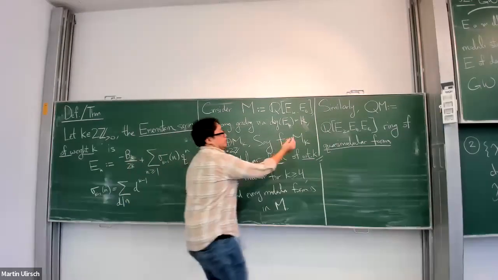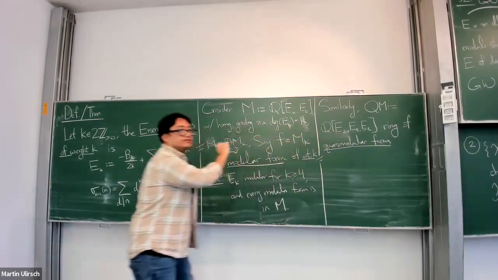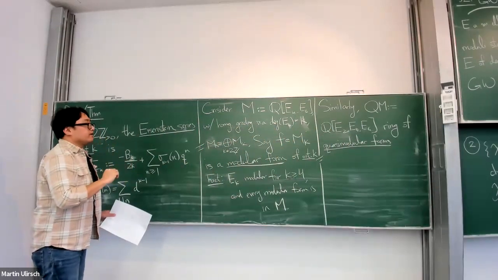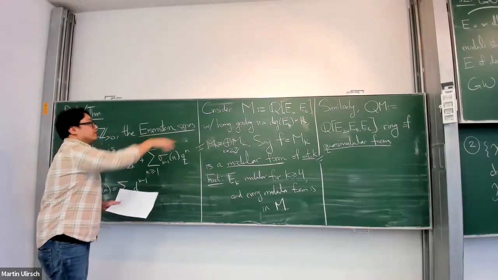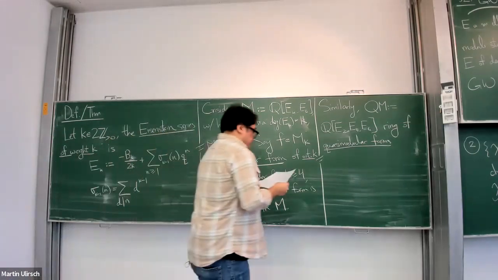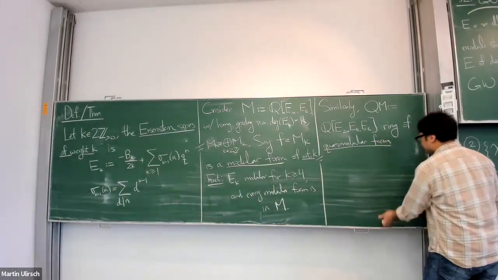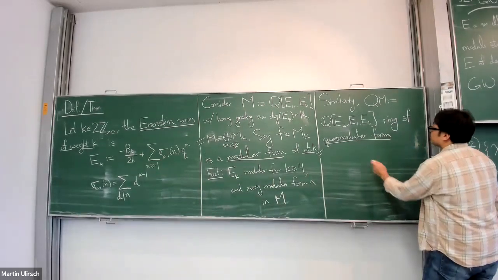But it turned out that when you slightly increase the size of the ring by this much, then you do get that property. So this motivates the reason why people care about quasi-modular forms.